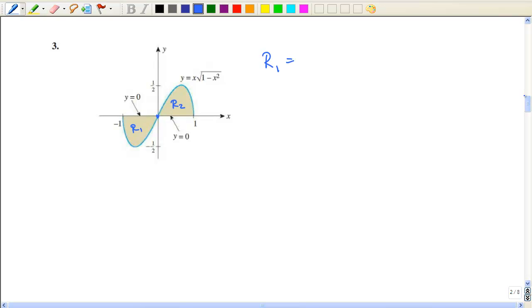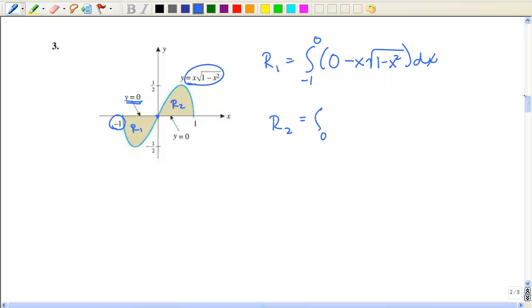For region 1, our area would go from x is negative 1 to 0, and we'd have the top function of 0 minus the lower function x times the square root of 1 minus x squared. Region 2 would go from 0 to 1, and this time we have our curve minus our line, and then we're going to add those regions together.